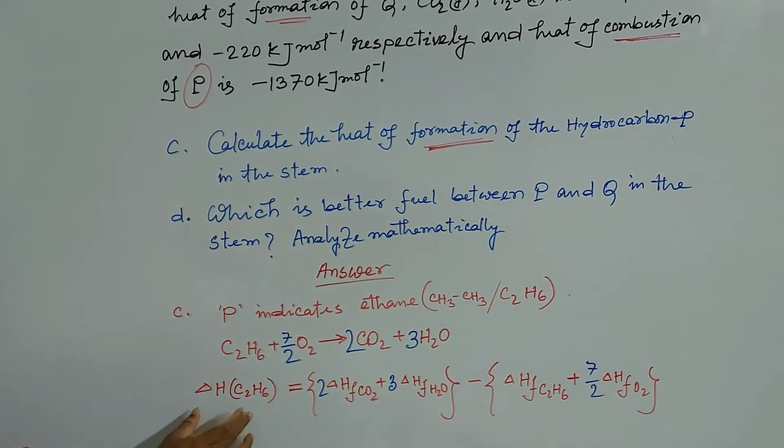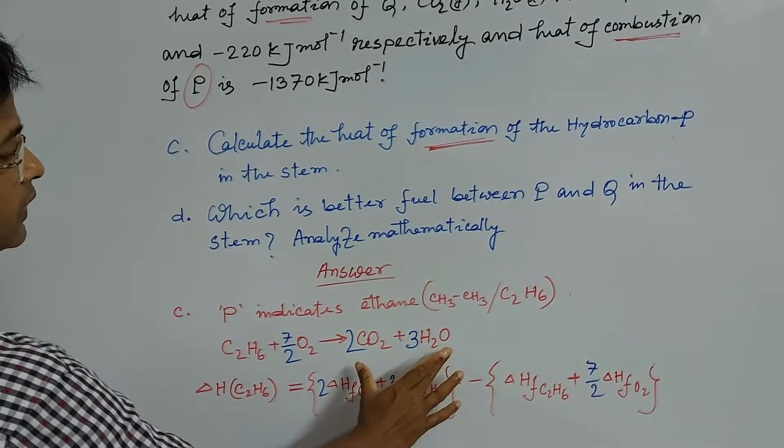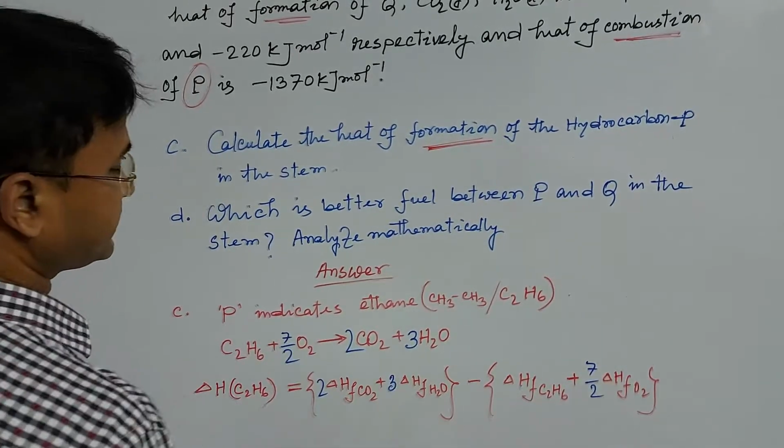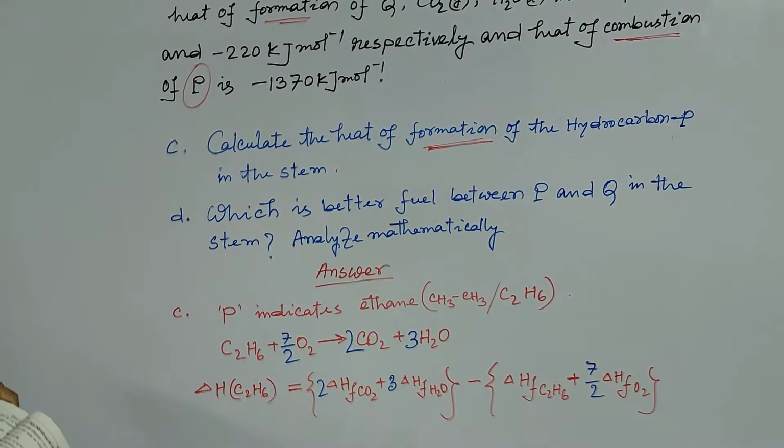However, the heat of combustion of ethane equals the heat of formation of products minus the heat of formation of reactants. It is actually the formula.